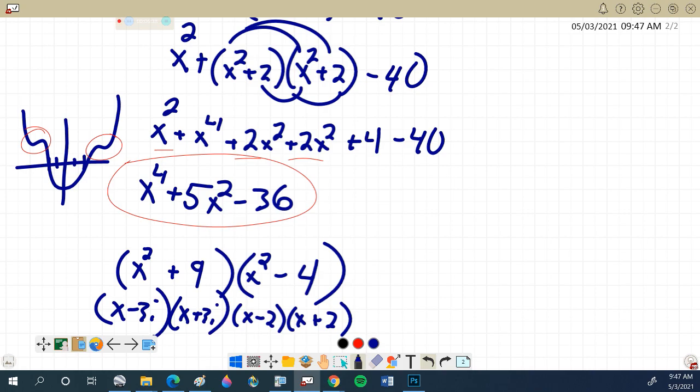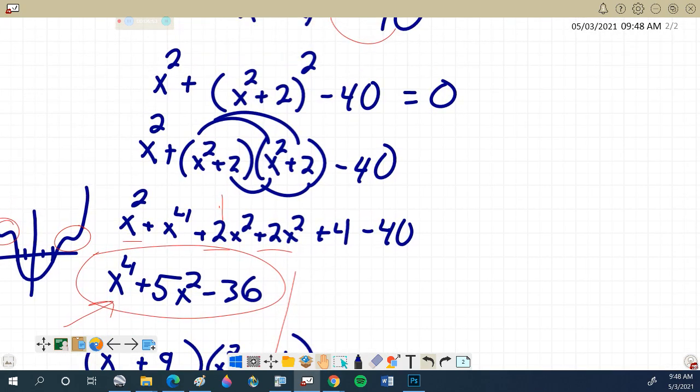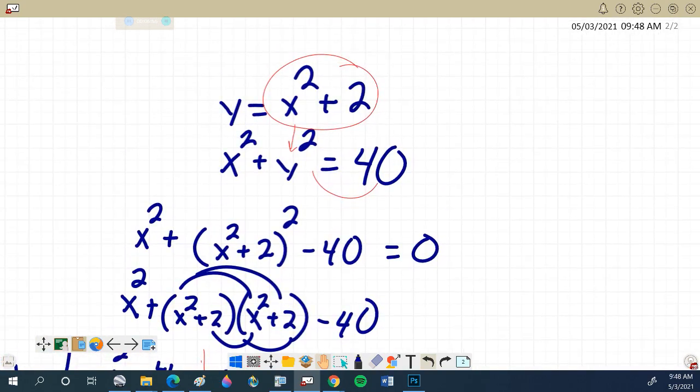But because this has two real roots and two imaginary roots, that means the original only has two intersection points. Okay? So we can ignore the imaginary pieces, and I know that x equals 2 and x equals negative 2.